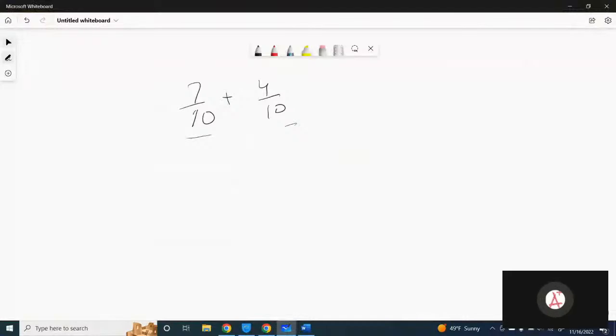When the denominators are the same, you just have to add their numerators. So 7 plus 4 is 11. It would be 11 over 10. Got it? The correct option is 11 over 10.